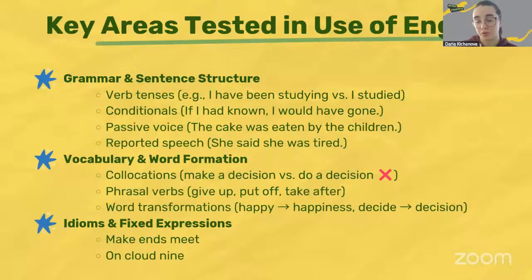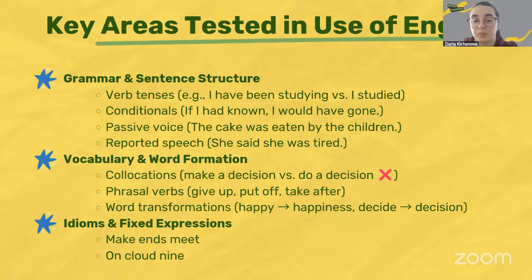So first of all, as I said, we are going to talk more about grammar, vocabulary, and fixed expressions. As examples of grammar topics, there will be verb tenses like I have been studying or I studied, conditionals, passive voice, reported speech, and there you can see some examples.